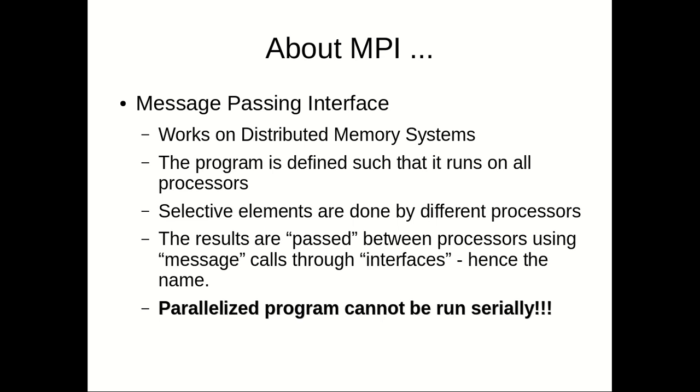If some job is done by one processor and another job by another processor, then eventually they have to come to a point where one has to collect all the information from these processes, right? That's where the magic of MPI comes in. The results or the data are passed between processes using send calls and receive calls through the interfaces.